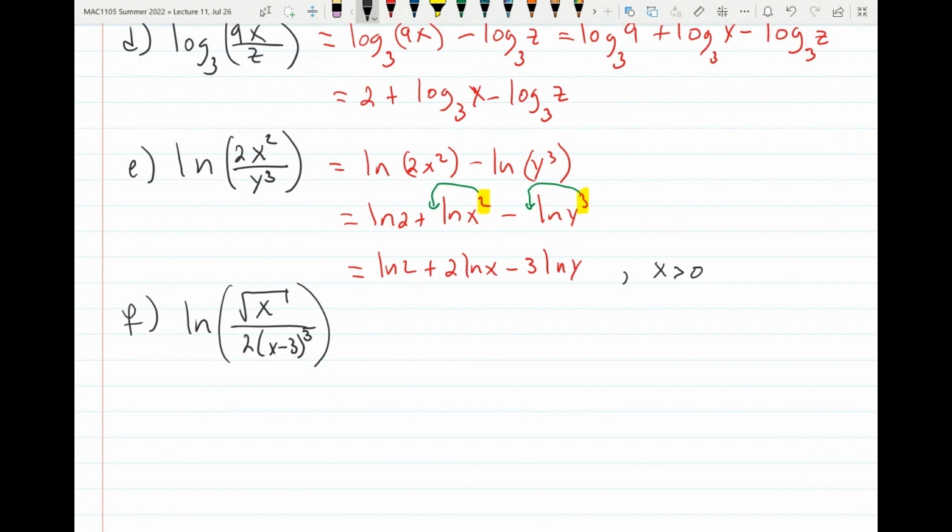Now, all of a sudden, we are saying that x cannot be negative anymore. It has to be positive. Okay? So, to be technical, the line on top is not exactly equal to this one because their domains are different. But typically, in this problem, we assume that all the variables are positive and so on, so we don't have to worry about these things. But because I didn't say it, then I should specify it here.